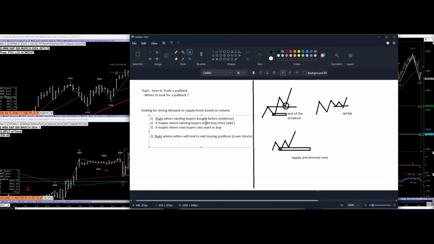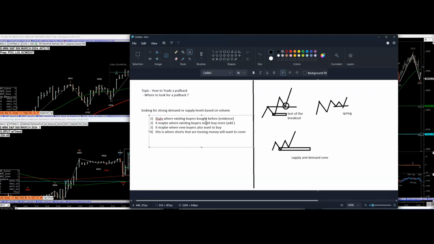And we know, and this is not a maybe, that this is where shorts that are losing money will want to cover.